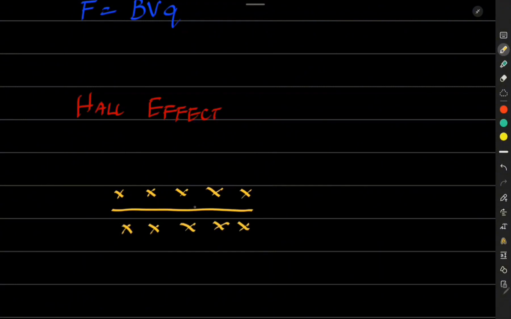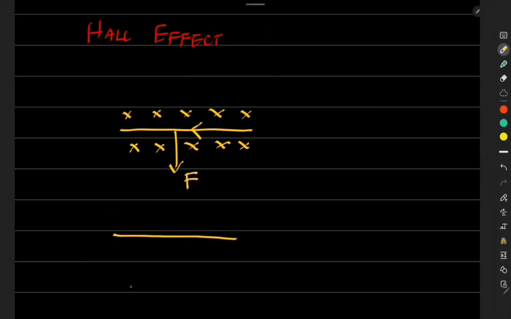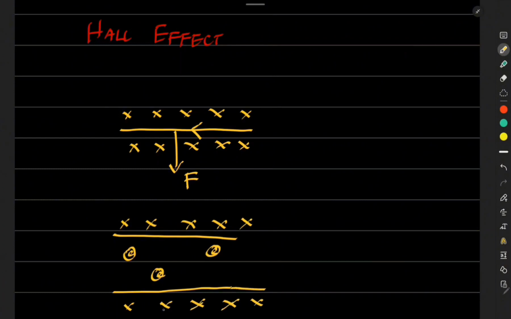If the current is traveling to the left and the magnetic field is into the plane, the force acting on the conductor is downwards. Now let's consider a conductor. Inside the conductor there are electrons, and it is placed in a magnetic field. The electrons travel in the direction opposite to the current.